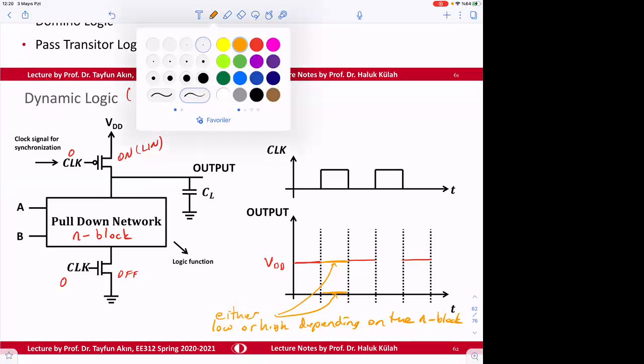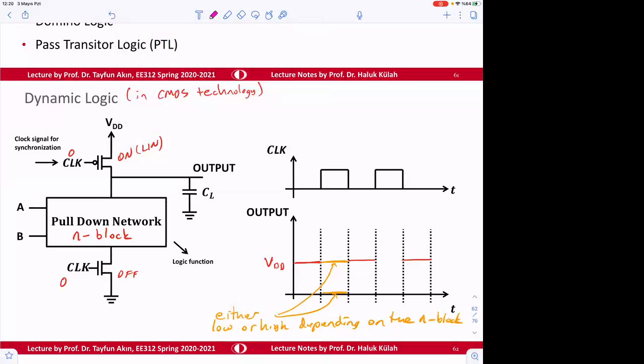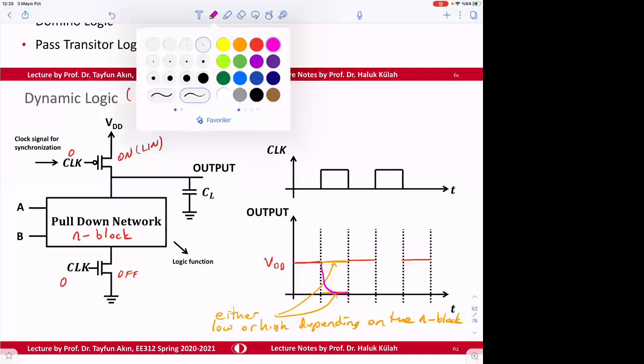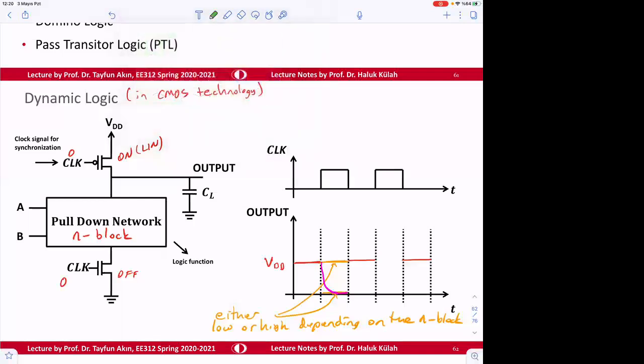If the internal thing is supposed to be low, it will be switching to here, or it will be remaining at here. Okay, depending on the AND logic. So that's called the dynamic logic.